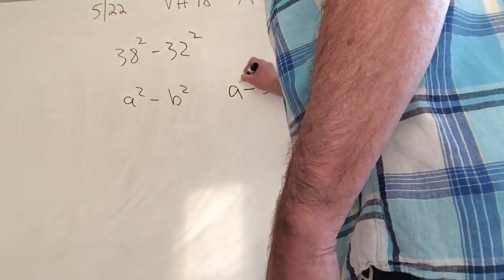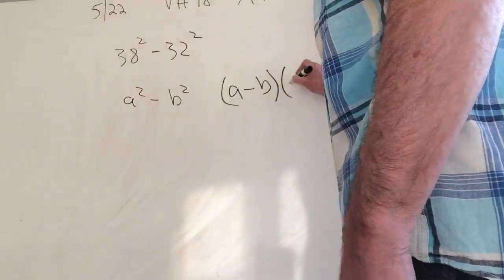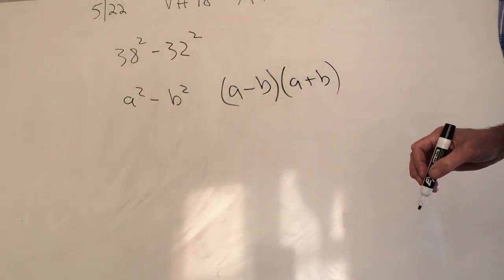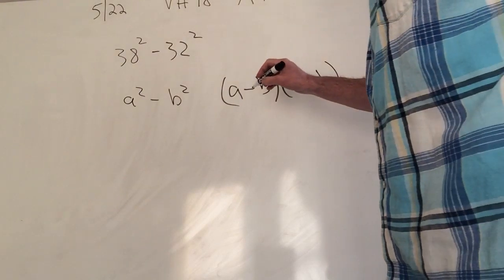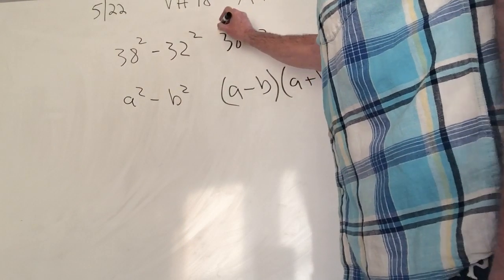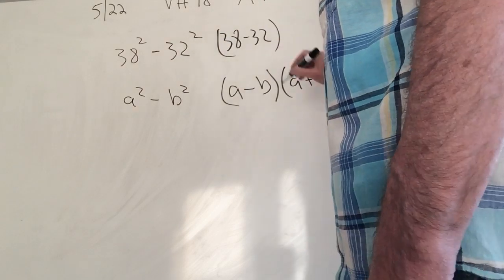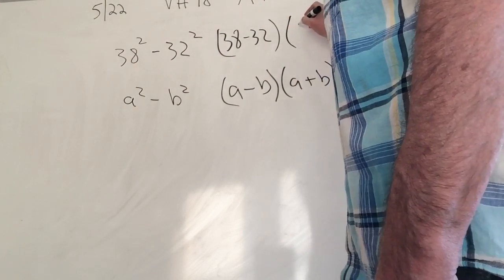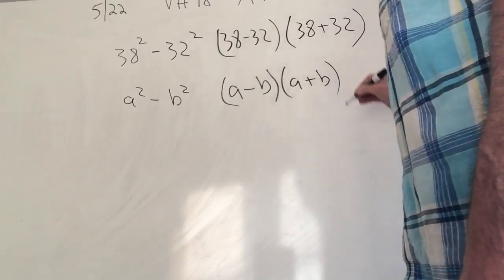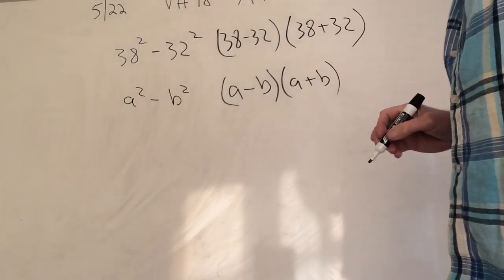And because this is a minus b in any order, I had to keep saying that because kids get confused. There we go. And so let's see what we got here. So we have 38 minus 32, because I said a equals 38 and b equals 32, times 38 plus 32. So in this case, you certainly don't want to FOIL.